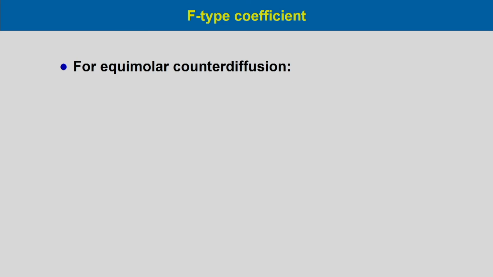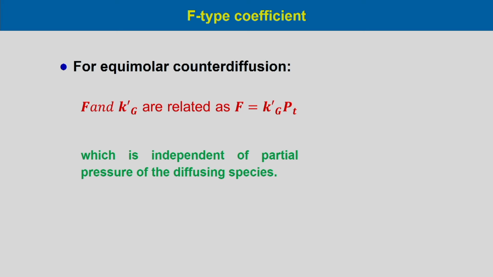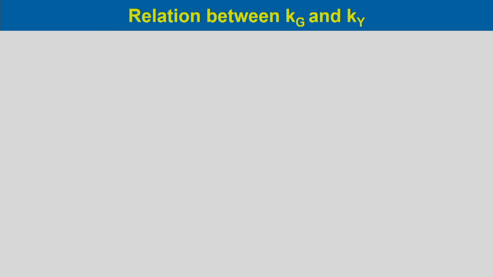Now, for equimolar counter diffusion, F and kg dash are related as F is equal to kg dash Pt, which is independent of partial pressure of diffusing species. Now, what is the relation between the kg and ky?